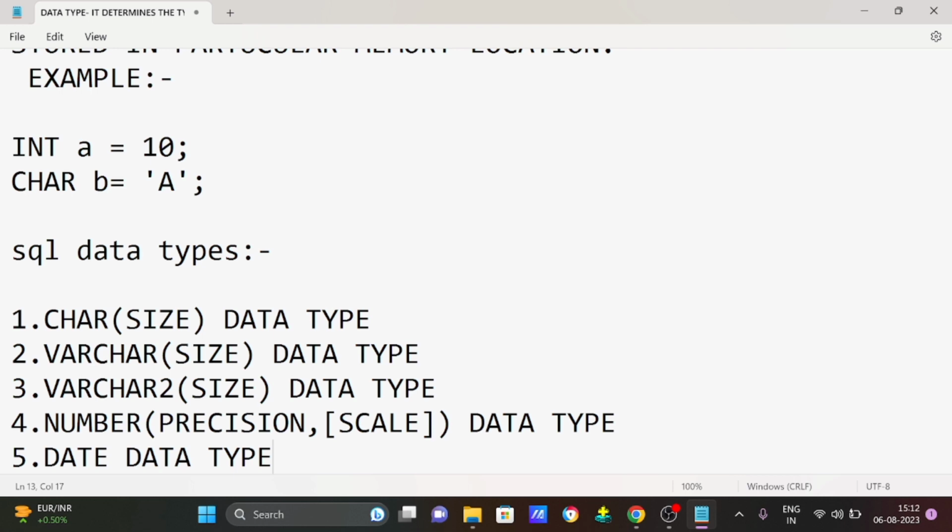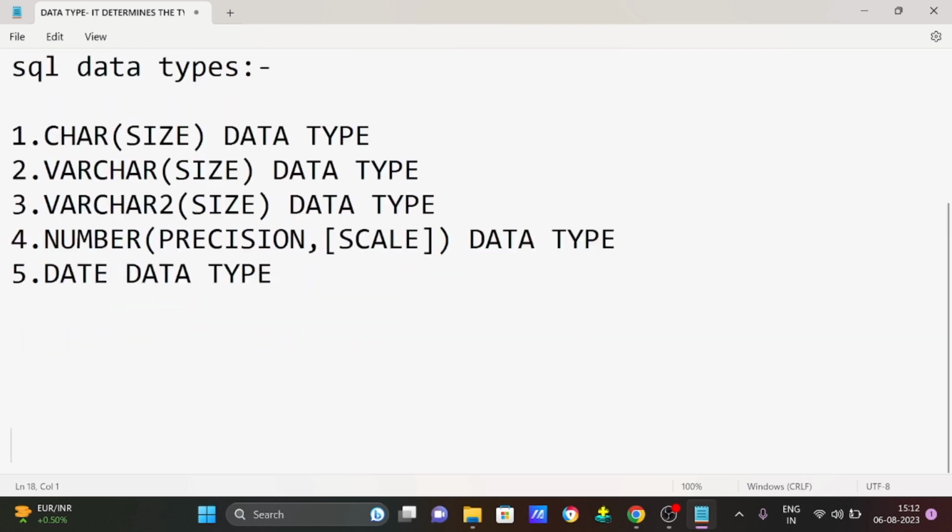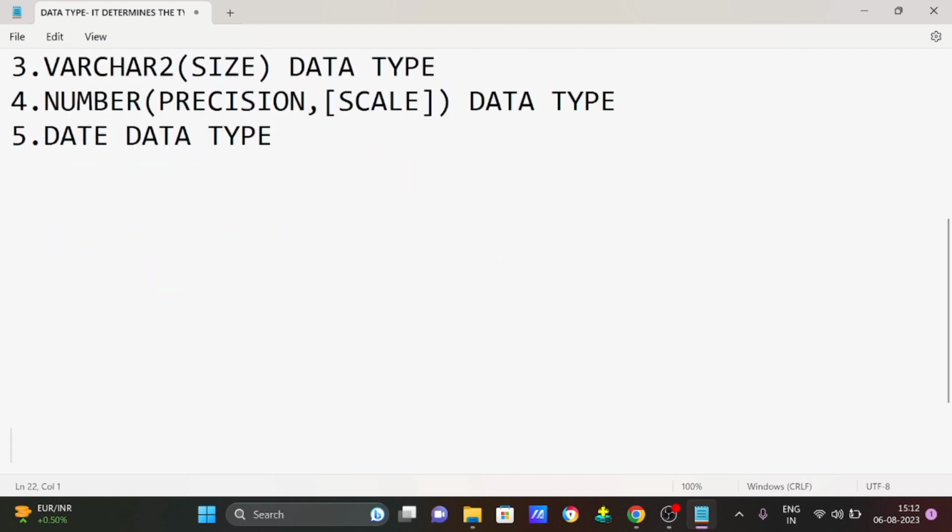Let's try to understand each data type in a clear manner. Firstly, the char data type, char of size. Here, size refers to the size of the data, so we need to mention the size of the data in these brackets.